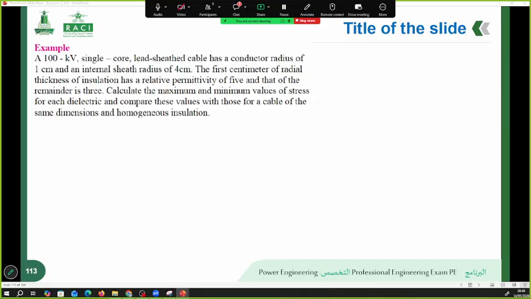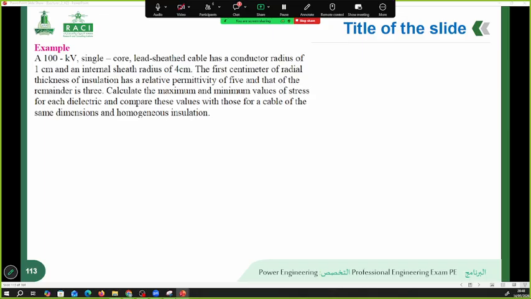Because the dielectric constants are different, the electric field distribution will not be uniform, and the stress changes at the boundary between the two materials. The inner layer with a higher permittivity helps reduce the maximum stress near the conductor surface, where electric stress is usually highest.